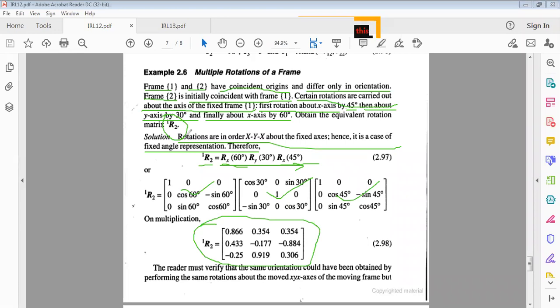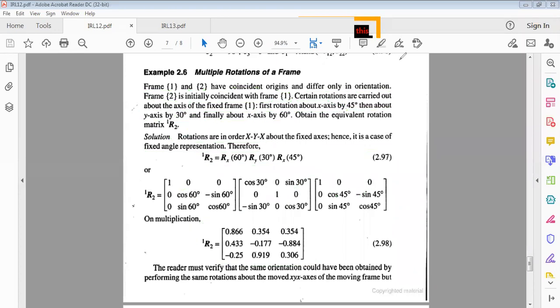You must compulsorily follow this order of rotation matrices according to the matrix multiplication rule, so we have to follow the sequence of arranging the matrices.